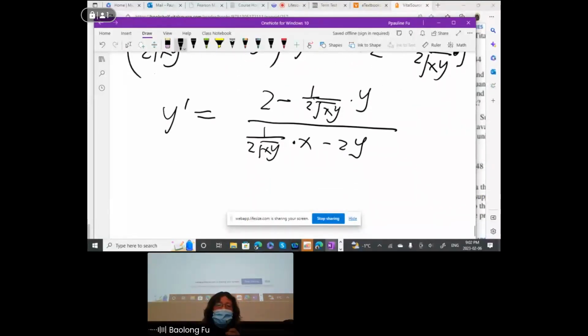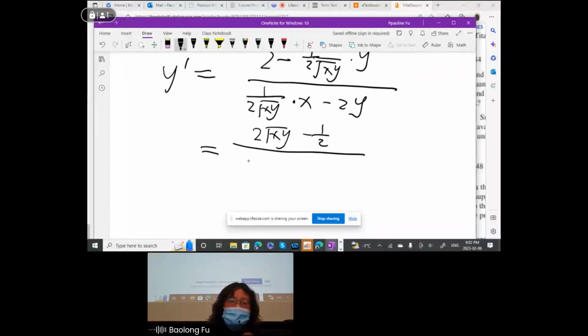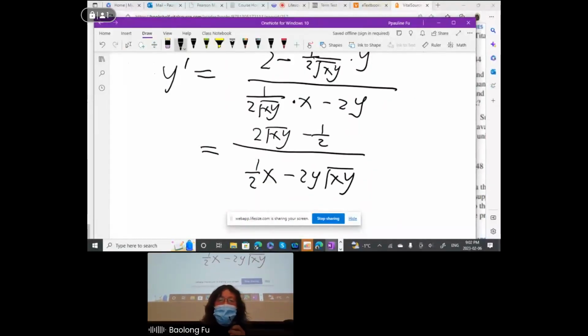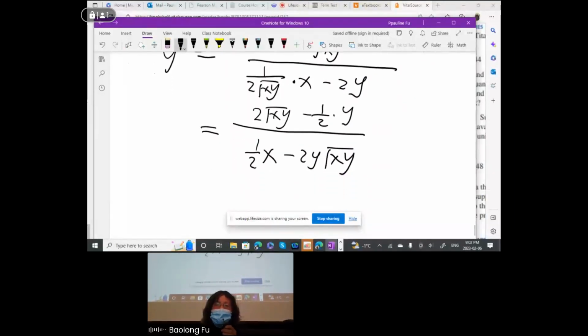And then simplify this result. Both denominator and numerator I multiply by square root of xy. Both numerator and denominator are multiplied by square root of xy. I missed y here.